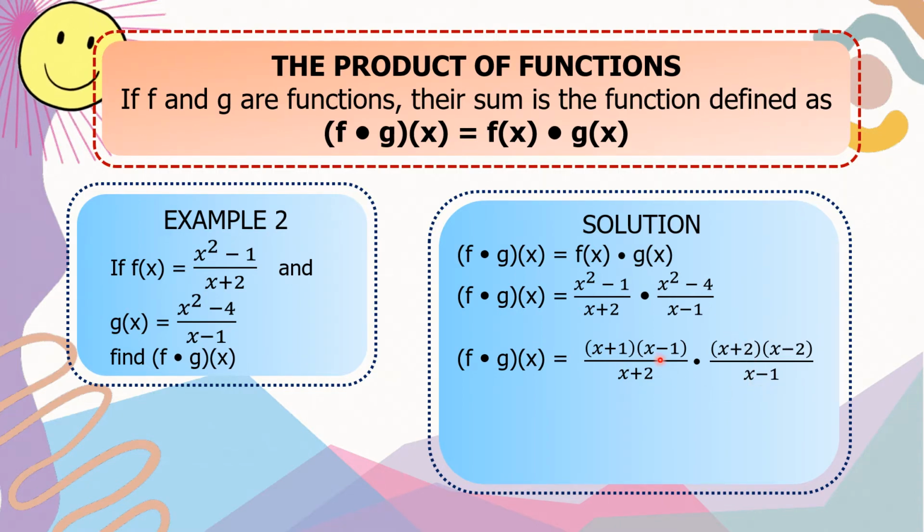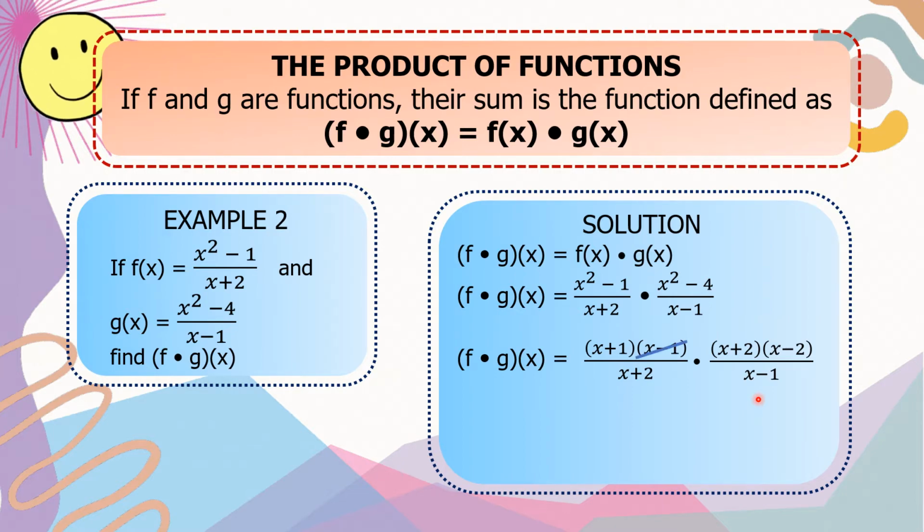So i-check natin kung may common factors sa numerator at denominator natin. So kung mapapansin ninyo, parehong may x minus 1 sa numerator at denominator. So pwede na natin tong i-cancel out since pag dinivide natin yan, ang sagot ay 1.